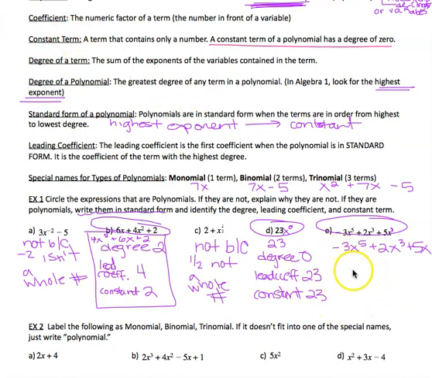So hopefully you said that the degree is 5 because that is the highest exponent that we see in here. So degree of 5 here. The leading coefficient, which I'm just going to abbreviate LC, is the coefficient of the degree 5 term. So in this case, my leading coefficient is -3.